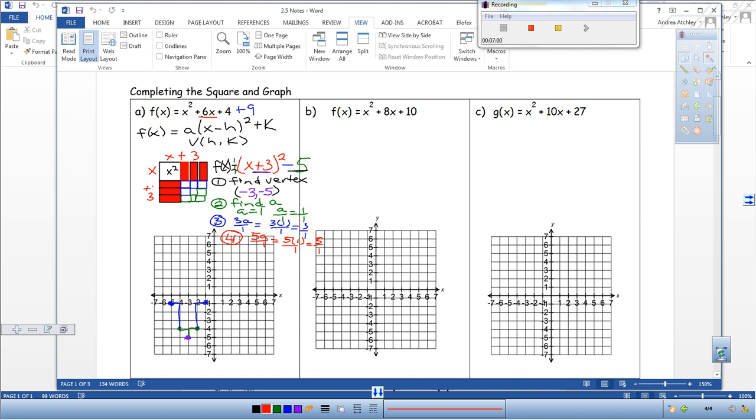If you look back at the notes from 2.1 or 2.2, I can't remember which one, that's how you find the next steps for each of them. So from here, I'm going to go up 5 and over 1. Up 5 and over 1. And so this is my parabola.